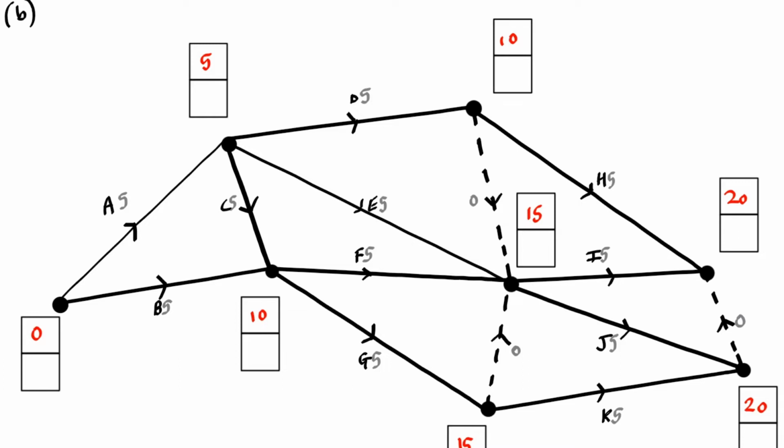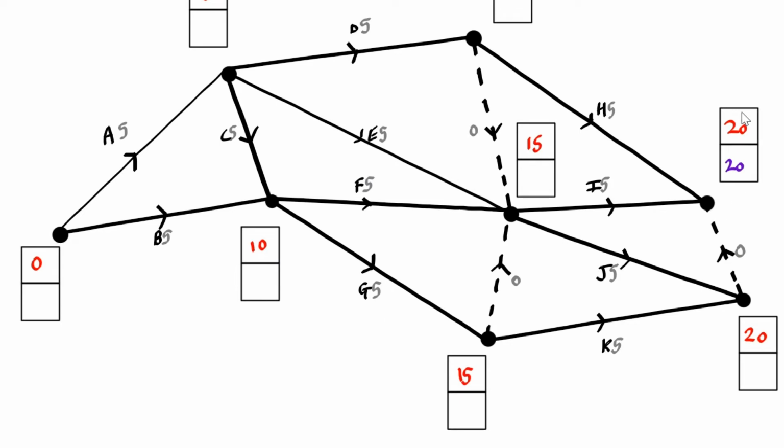And for the backward passes, we'll start with 20 here and work backwards. 20, there's a couple of ways we can do this. 20 take away 5, that's 15. And then we have 20 take away 0, that would be 20.